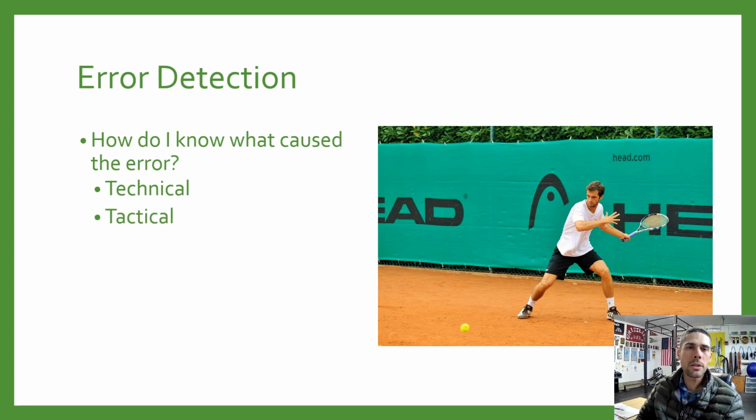It could be a tactical mistake. They just made a poor decision, or they didn't read the situation very well because maybe they didn't have that tactical ability there. Another ball sports example: maybe they're not making adjustments on a ball that has heavy spin.